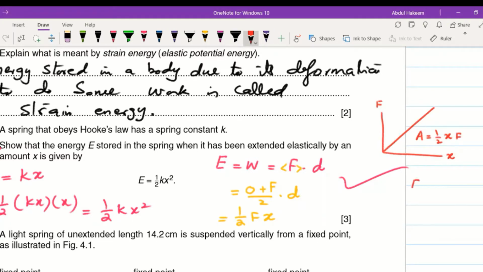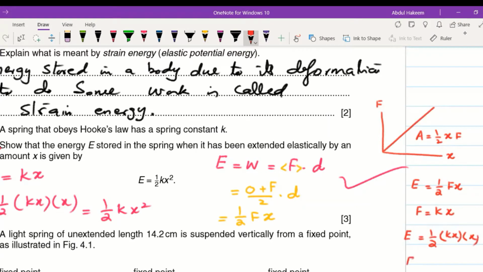So energy is equal to 1 by 2 Fx, but according to Hooke's law, F is equal to Kx. So instead of F, we can write Kx, then x. So finally, energy is equal to 1 by 2 Kx square. It's proved. But there is another method.